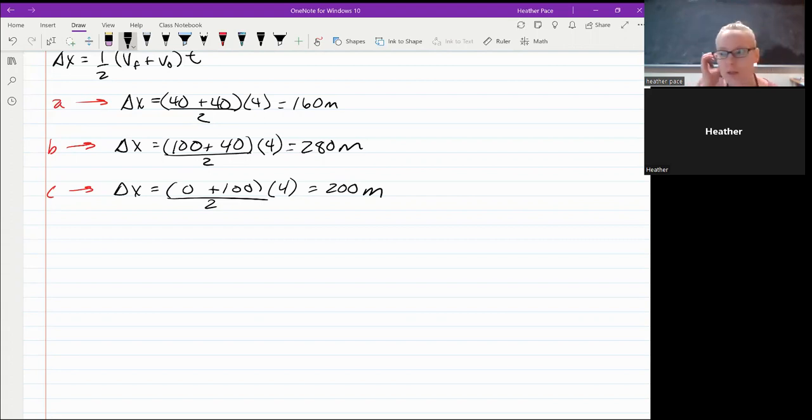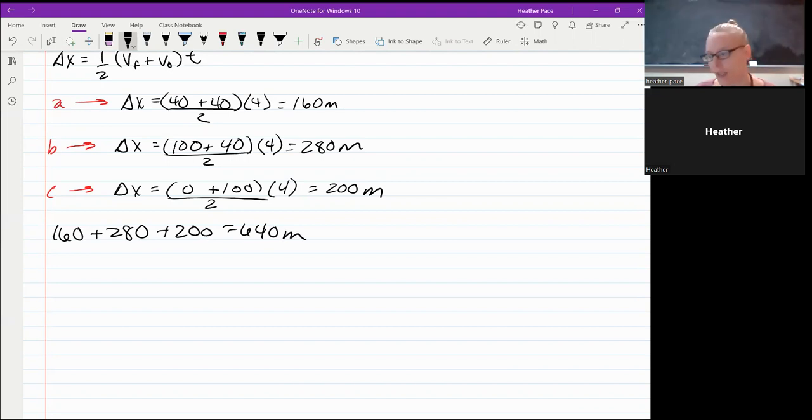Okay. So what we're going to do to find how far in total the particle traveled in 12 seconds, we're going to add all of these together. So add 160 plus 280 plus 200 together, and you get 640.